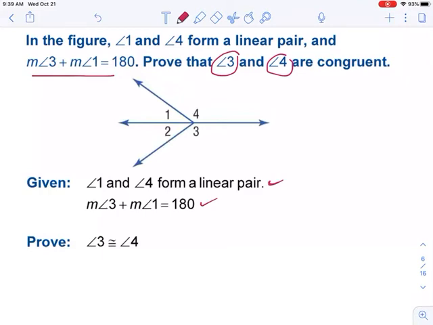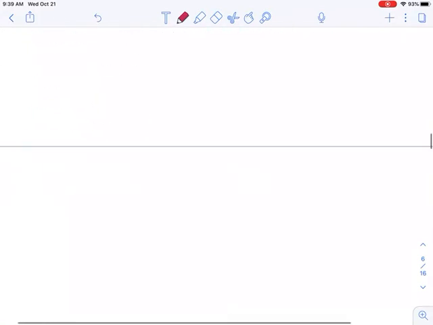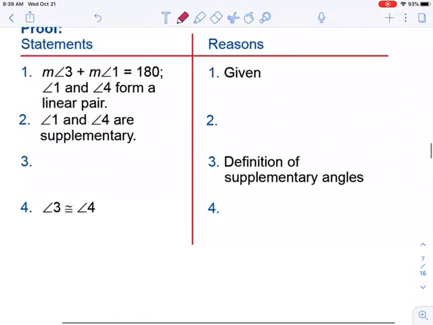So we don't have anything equal here. We're trying to get 3 and 4 to be the same, but we don't have that yet. These two together make a 180. Linear pairs are supplementary. 3 and 1 we already got is 180, so let's look at the proof here on the next page. Given stuff goes first.